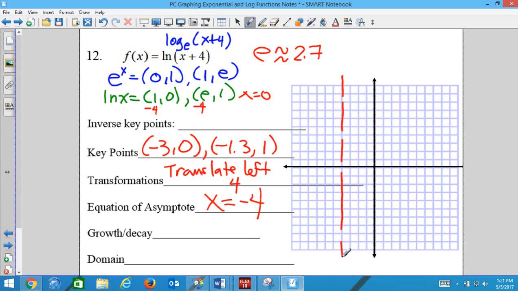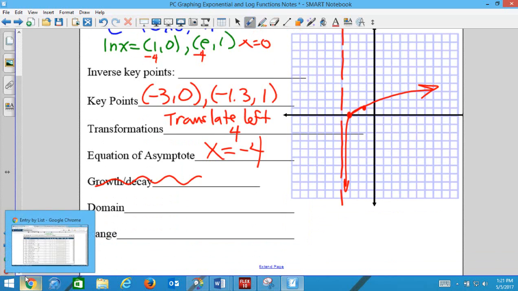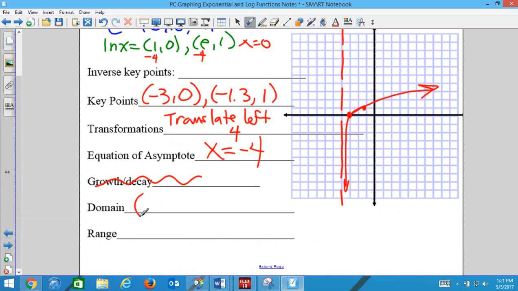We've got negative 3, 0, and negative 1.31. And then keep in mind, we're getting closer to the asymptote when you connect it. And then the other side is not. So the domain is going to go left to right, negative 4 to infinity. Range is negative infinity to positive infinity.